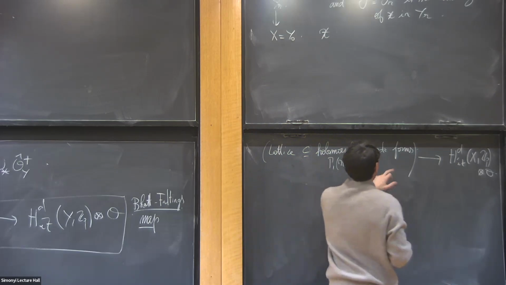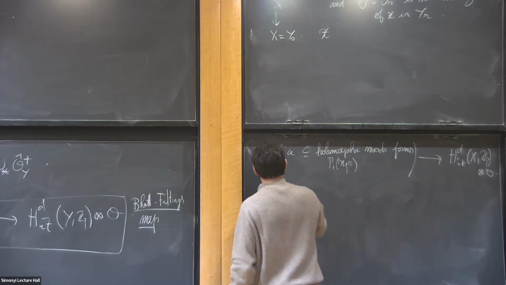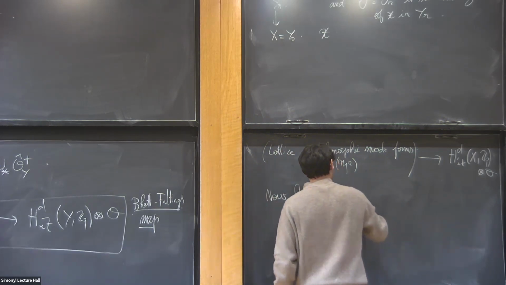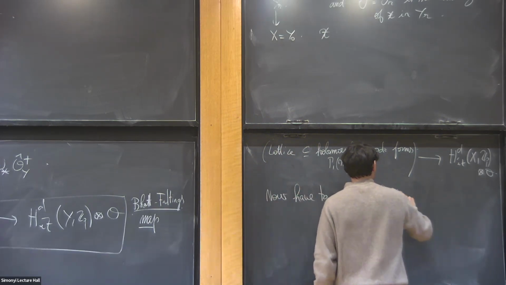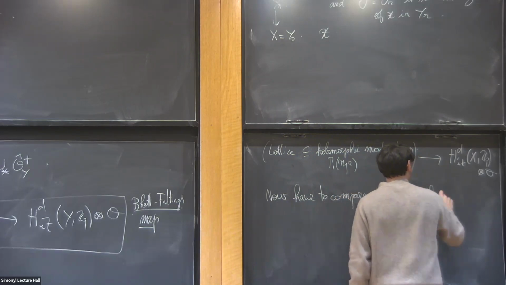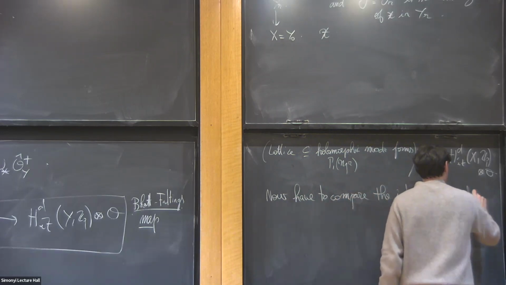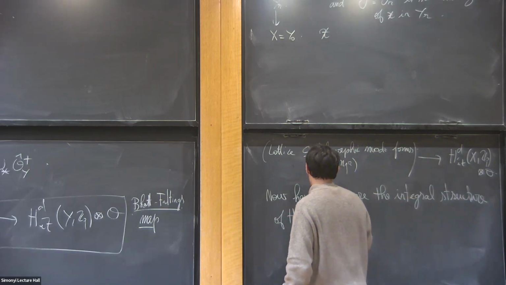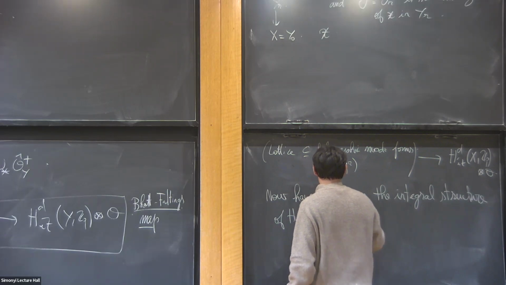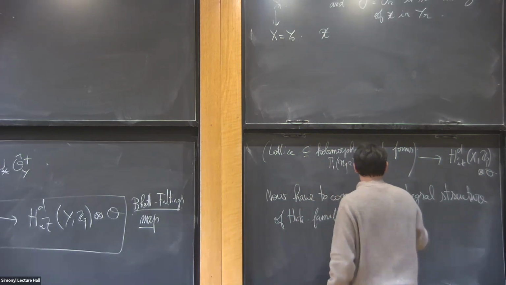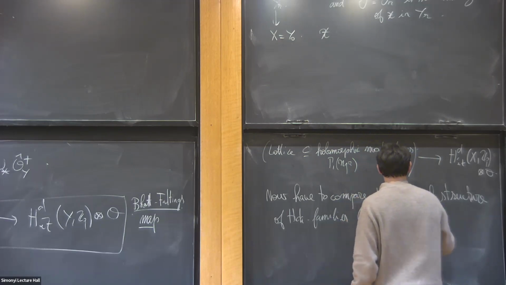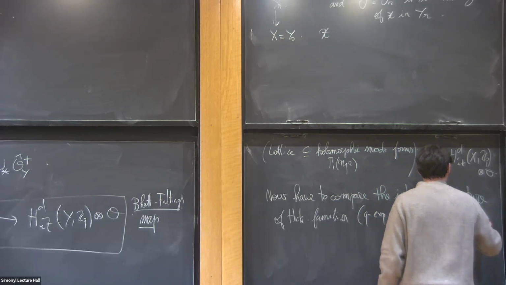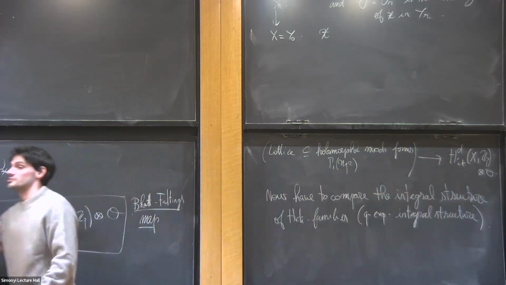So you get the map like this, and now you have to compare the integral structure of Hida families, meaning at finite level, this is just the Q expansion integral structure, with whatever integral structure this says.